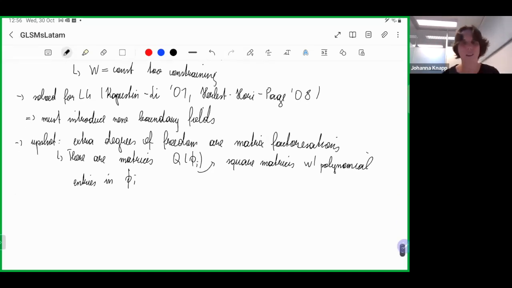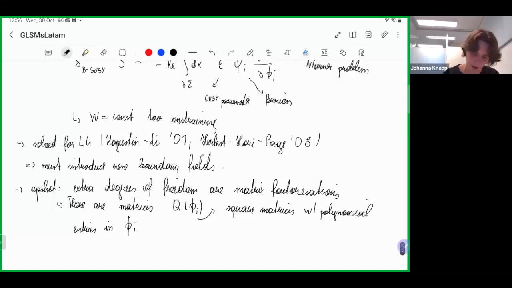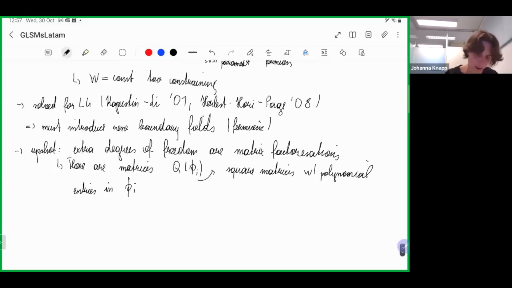And the fermionicness, I didn't really say that the new boundary fields are fermionic. The fermionicness will manifest itself in a certain grading. And matrix factorization means that I find any square matrix with polynomial entries and I square it. That's why it's called factorization.